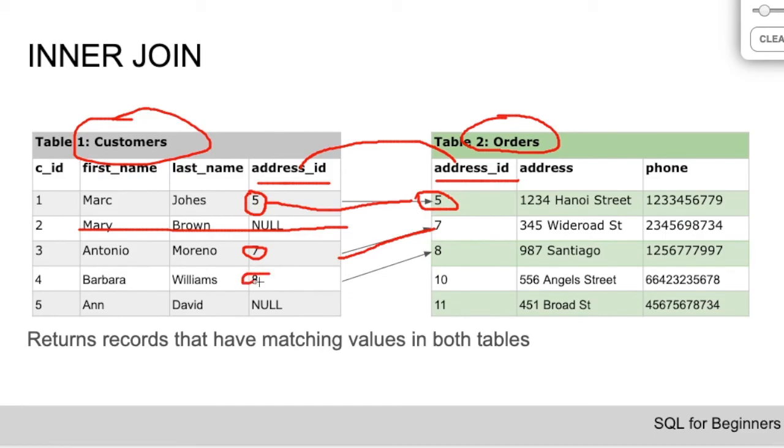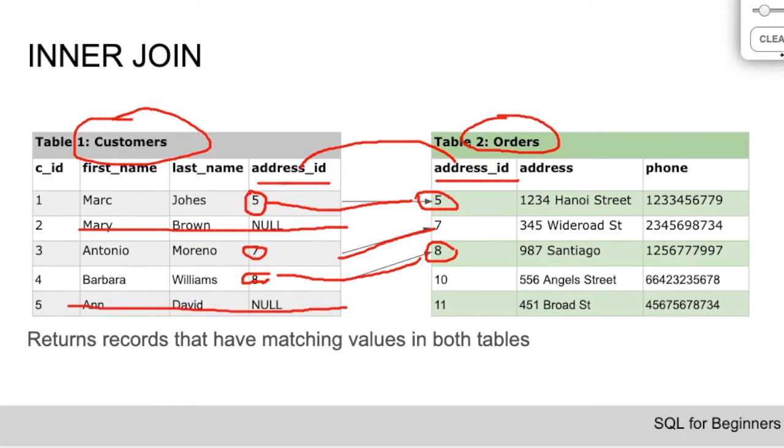So I'm again going to the orders table and looking if there is address ID number 8. If there is, and in our case there is one, it's going to return this row together with this one. And the same with Ann David. She has null, so it's not going to be displayed in my query result set.